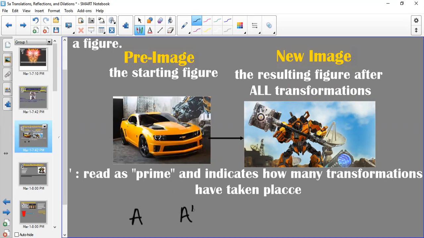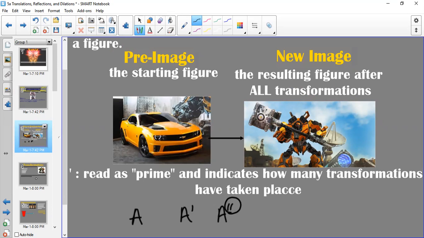That indicates that there was one transformation that took place. So maybe I rotated it. Well, if I did something else after that and got another new point, we'd call that a double prime. So however many little apostrophes there are tells us how many transformations took place.